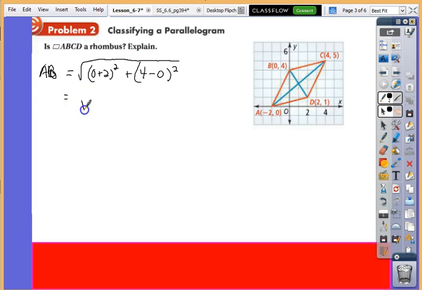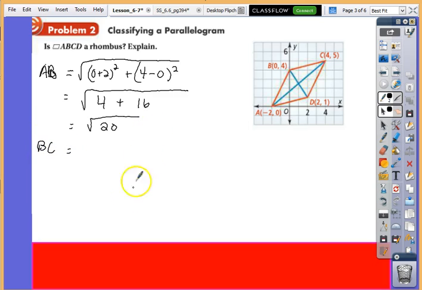So that's going to equal the square root of 2 squared, I'm sorry, 2 squared is 4, plus 4 squared is 16. So that equals the square root of 20. Once again, I'm not worried about simplifying. Then I'll look at the next side, BC.